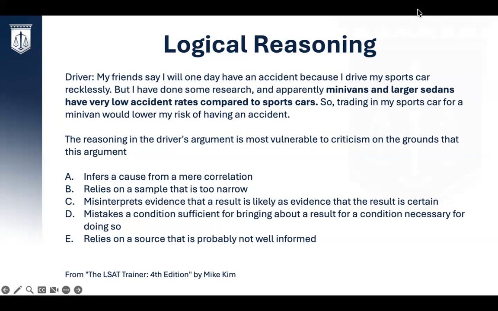Switching from a sports car to a minivan, sufficient condition, causes the driver to drive more cautiously, necessary condition. Because John has begun driving more cautiously, he must have switched from a sports car to a minivan. No, that is not necessarily true. The conclusion in this argument has mistaken a sufficient condition for a necessary condition. And this is another way of saying that the argument has reversed the logic, right?